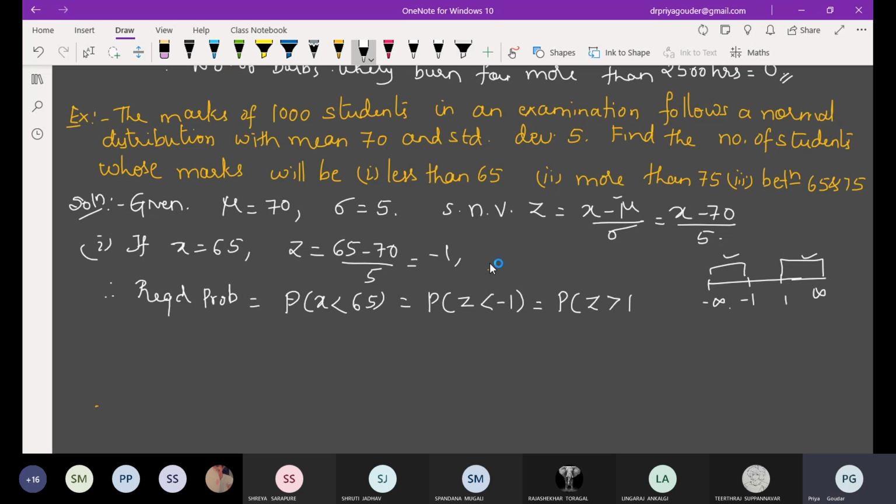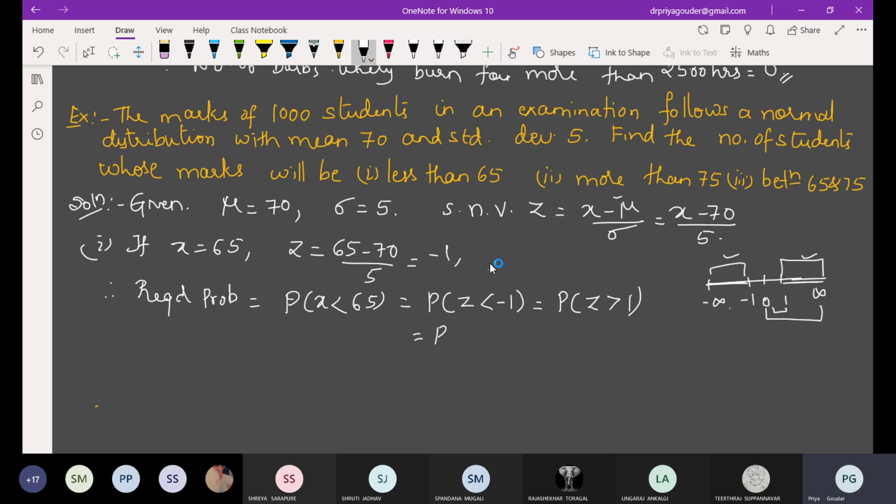The standard normal curve is symmetric about the y-axis, so if you take this part or that part, it is the same. Only you should not take anything extra. So 1 to infinity, again we write it with reference to 0, as 0 to infinity minus the extra part, 0 to 1.